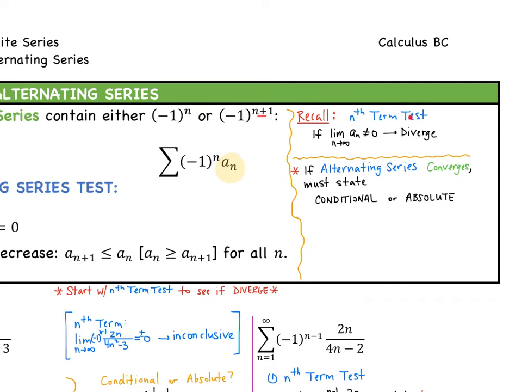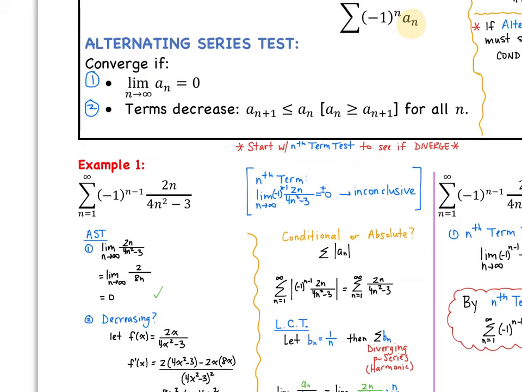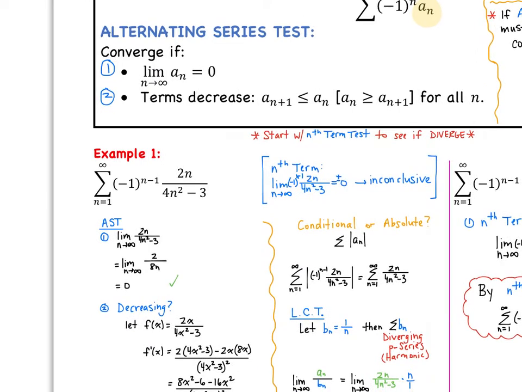So we always want to start with that nth term test, okay? If it's an alternating series, and it converges, we'll have to talk about conditional versus absolute convergence. And I'll talk about this in just a little bit, okay? But first, let's get to our first example here, okay? Again, don't worry about this conditional versus absolute yet.